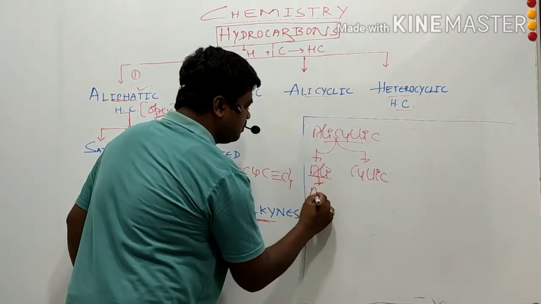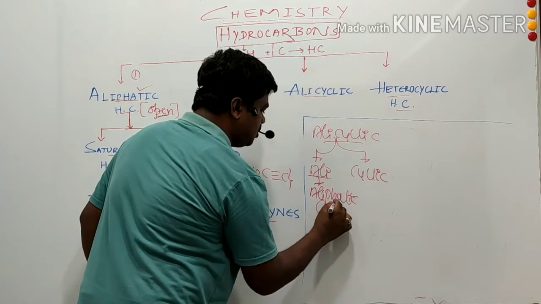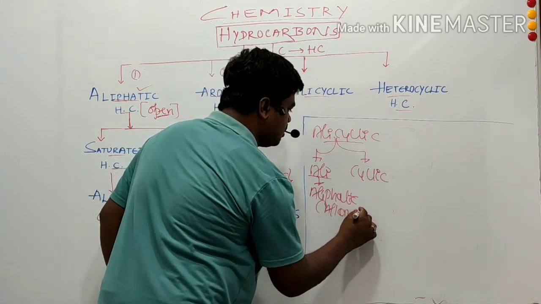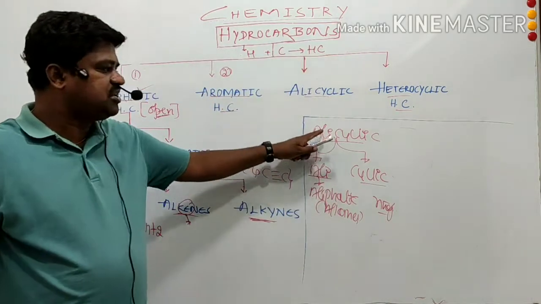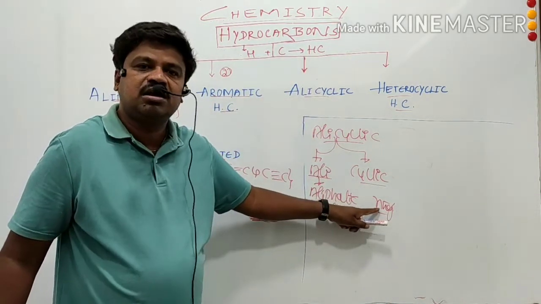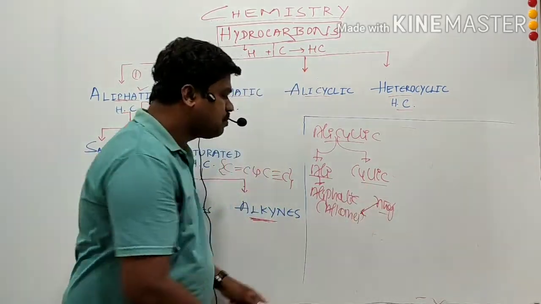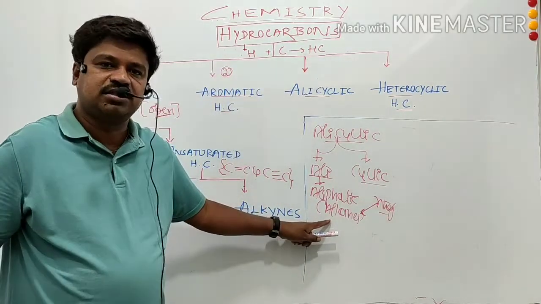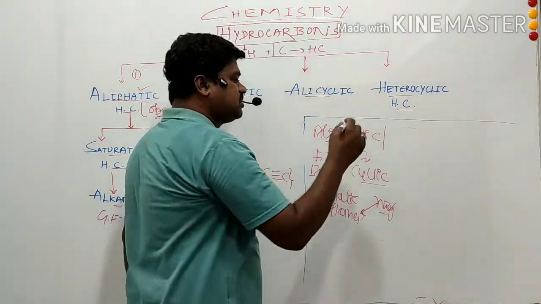Poly means aliphatic, or also alkanes. Cyclic means ring compounds. So its definition is like this: these are cyclic or ring compounds, but having properties similar to alkanes. Therefore, they are called polycyclic hydrocarbons.